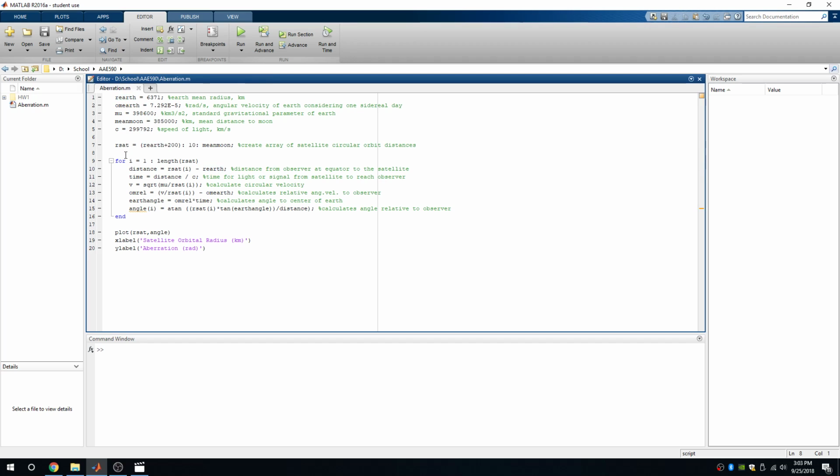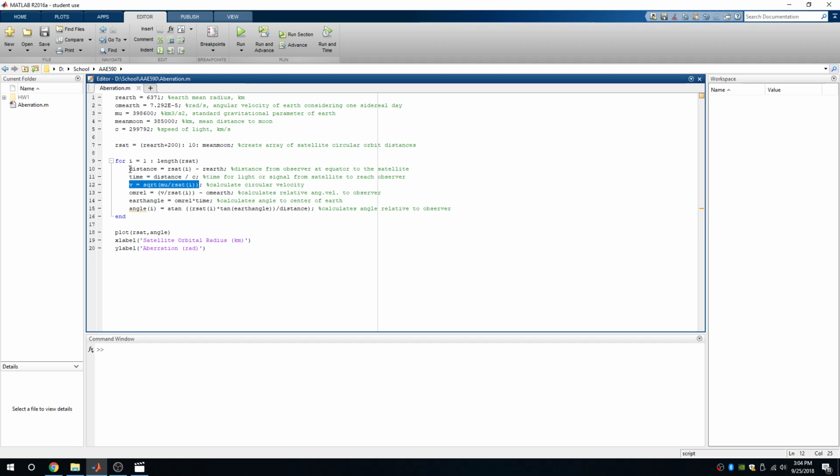To create a series of potential satellite positions, I swept our satellite variable from a low Earth orbit to the mean moon radius. I also assumed circular orbits for this, so I could do a simple calculation for the velocity of the spacecraft using the square root of mu divided by the satellite radius, the orbiting radius.